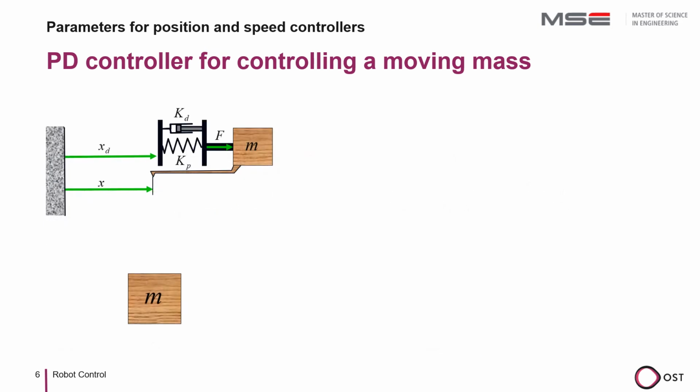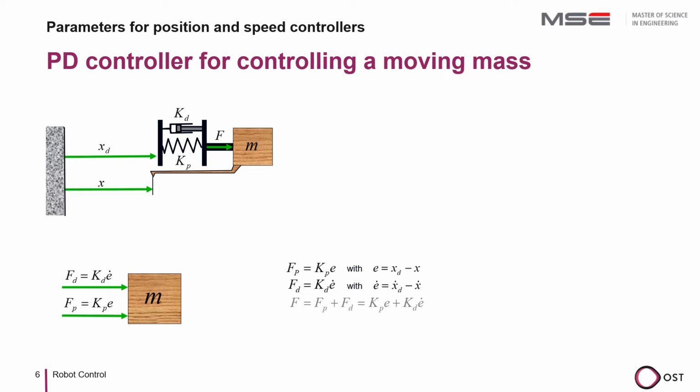If we look more closely at the forces, we see that the force of the spring Kp times E and the force of the damper Kd times E dot act on the mass and together give the resultant force F. This resulting force leads to an acceleration which fulfills Newton's laws. The force is therefore mass times acceleration.